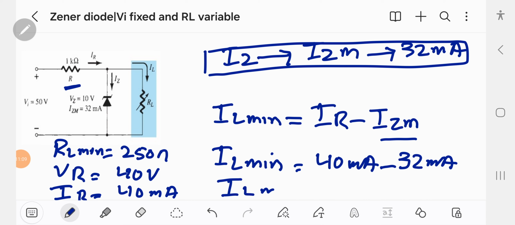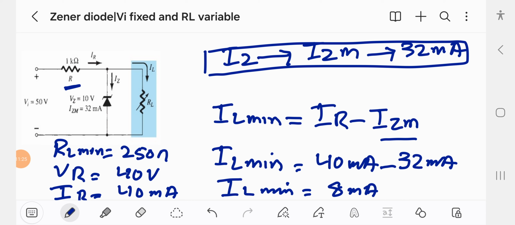So the minimum current that flows through the resistance RL is actually equal to 8 milliampere, for which the diode is on.